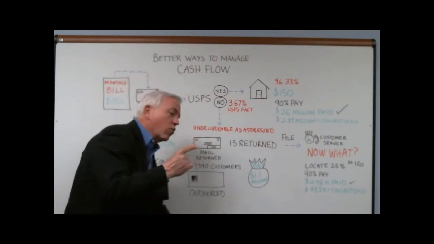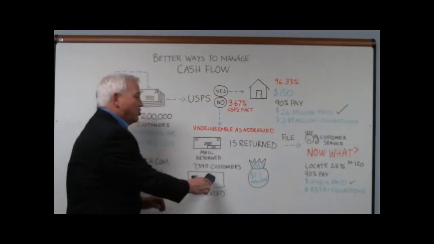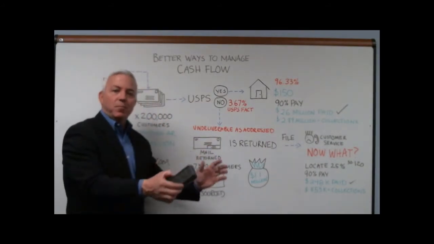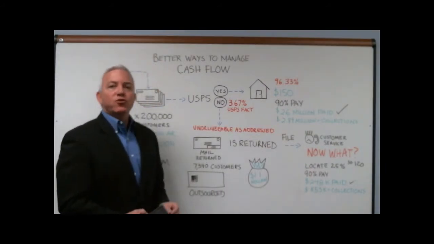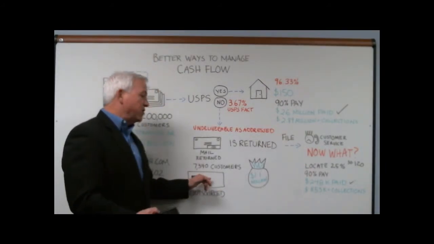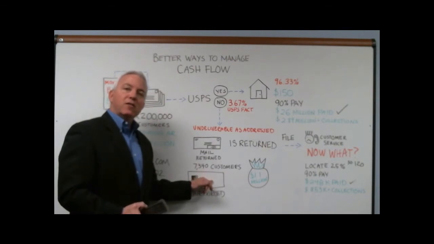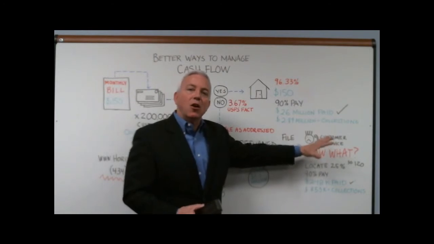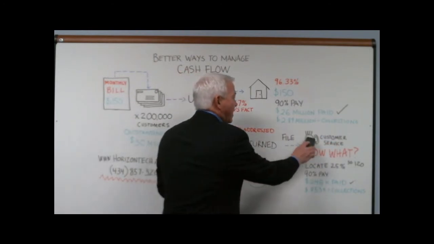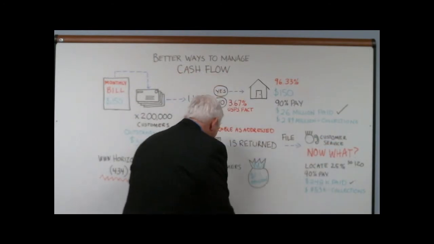Well, what if, with a better process of not just identifying that it's been returned, but actually having a whole enterprise solution for this issue to better manage the inbound piece of mail to the customer service and location process, and then rebilling?